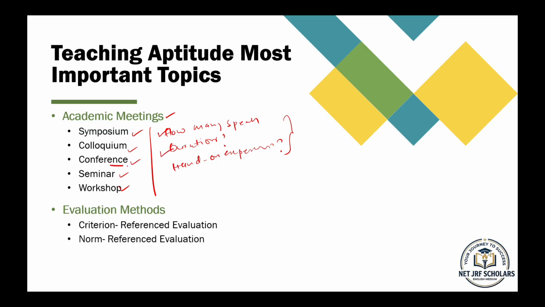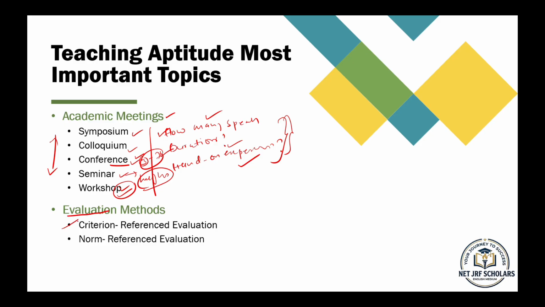Let's say a conference goes maybe 3 to 7 days, but a seminar is only one day. A workshop gives more hands-on experience. So arrange these based on these three parameters. Most of the questions are with respect to these three parameters only.